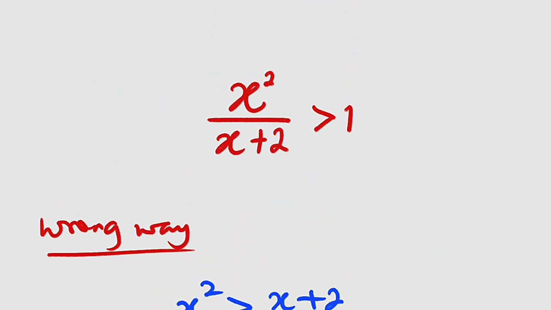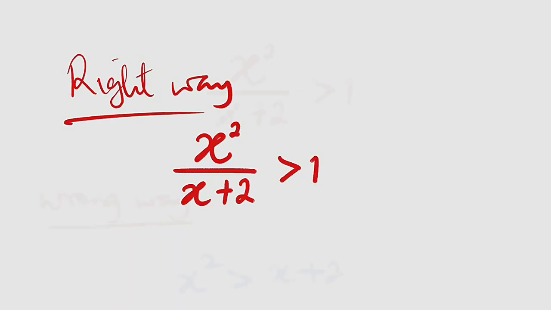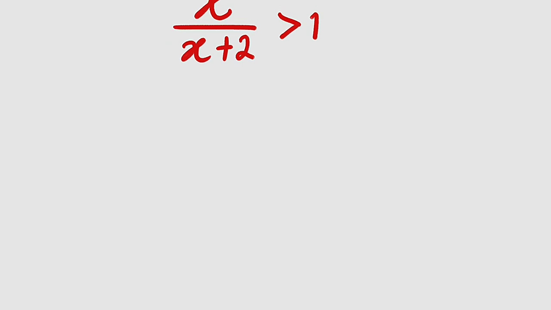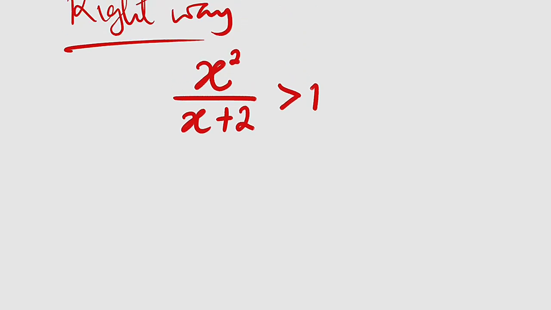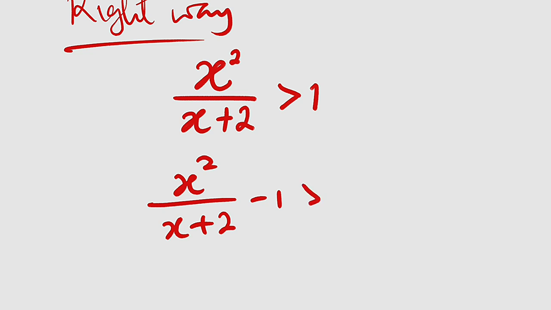Let me show you the right way to solve it. So here is the right way. The right way is to take all terms to the left hand side. So we have x squared divided by x plus 2 to the left already. As this crosses over, it becomes -1, greater than 0. But you should also remember that the denominator cannot be 0, right?